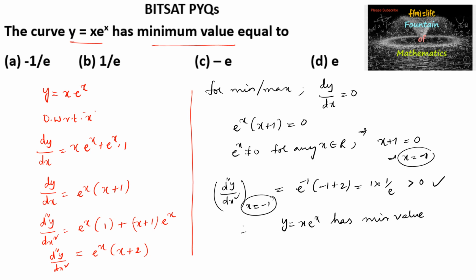By the derivative test, we can see it has minimum value at x is equal to minus 1. Therefore, the minimum value can be taken. So y is equal to minus 1 into e to the power minus 1, that is minus 1 upon e. So option A is the answer.